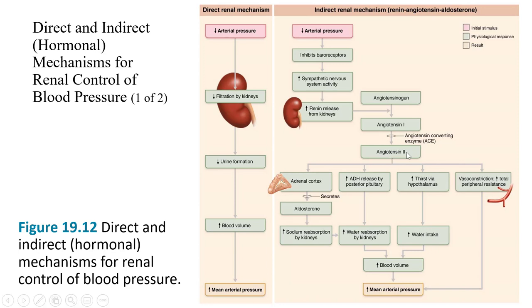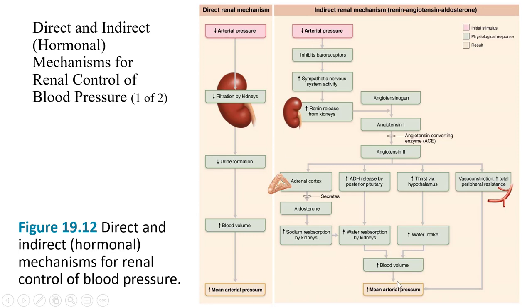Once angiotensin 2 is around, a series of events is triggered. Angiotensin 2 stimulates the adrenal cortex to secrete aldosterone, a hormone that increases sodium reabsorption by the kidneys. When sodium is retained, water is retained and your blood volume is increased.